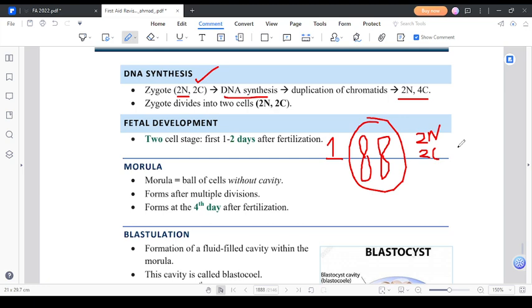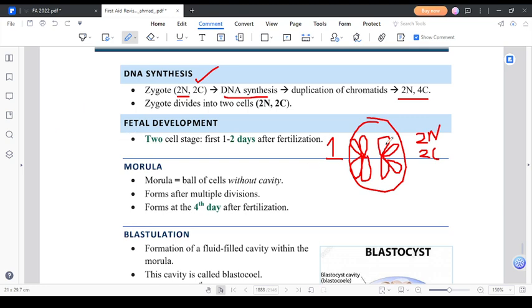Before every mitosis, there will be DNA duplication. So how will the DNA duplication take place? This chromatid will become duplicated, and this chromatid will also become duplicated. So this is an unduplicated chromosome, and this is a duplicated chromosome. Both of these are representative of a chromosome.